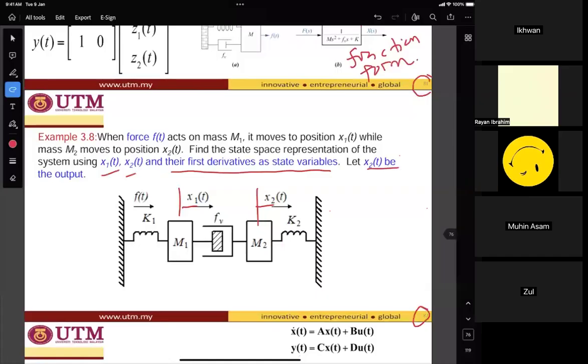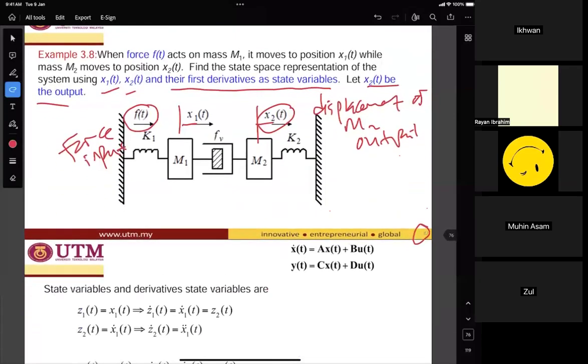Let x2 be the output. So F(t) is the force input, and x2 is the displacement of M2 as the output.